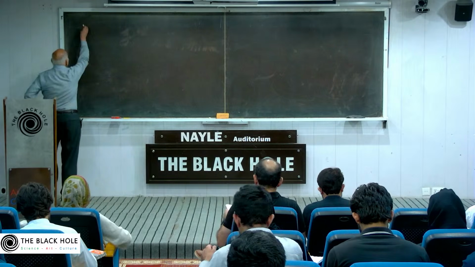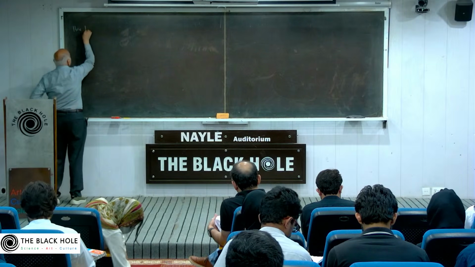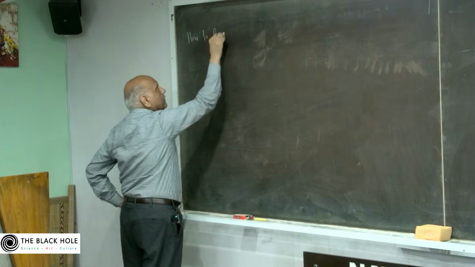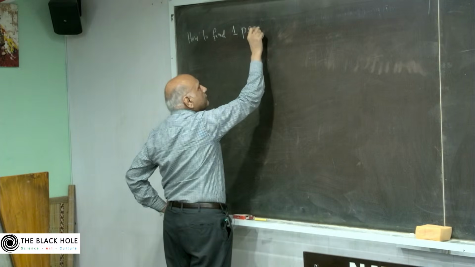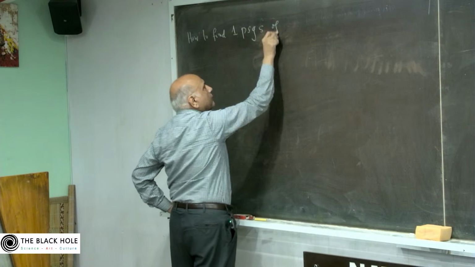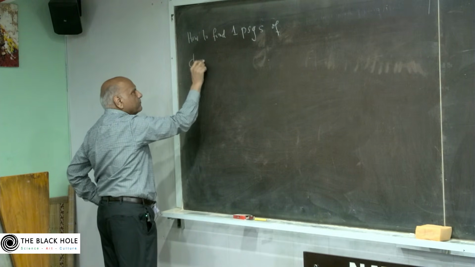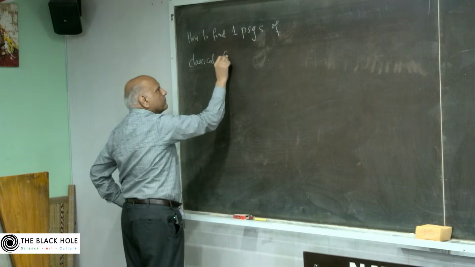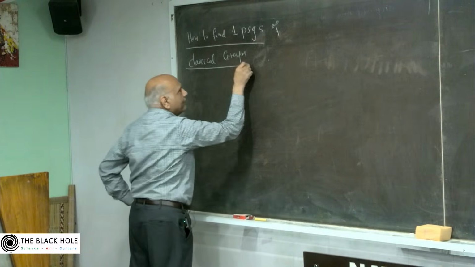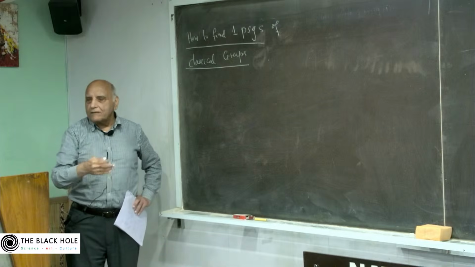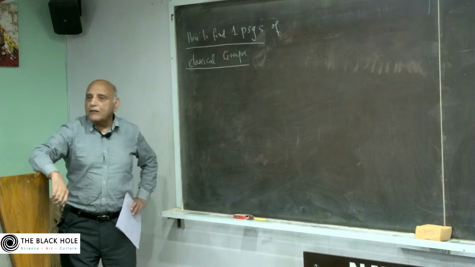So this is a continuation of lecture 4: how to find one parameter subgroups of classical groups, and of course by classical groups I just mean the SLN or the orthogonal groups. Okay, so what did we find out last time?